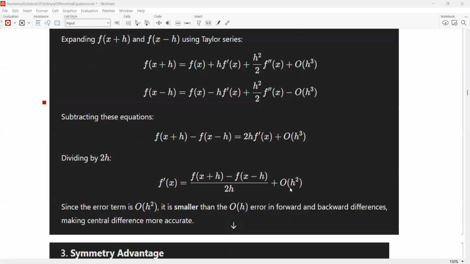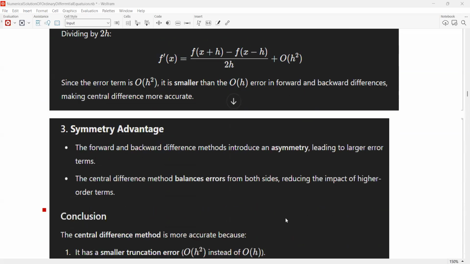Okay, so if we divide both sides by h here, we have h squared here. The order of accuracy becomes h squared. Since the error term is h squared, it is smaller than the O(h) error in forward and backward difference, making central difference more accurate.